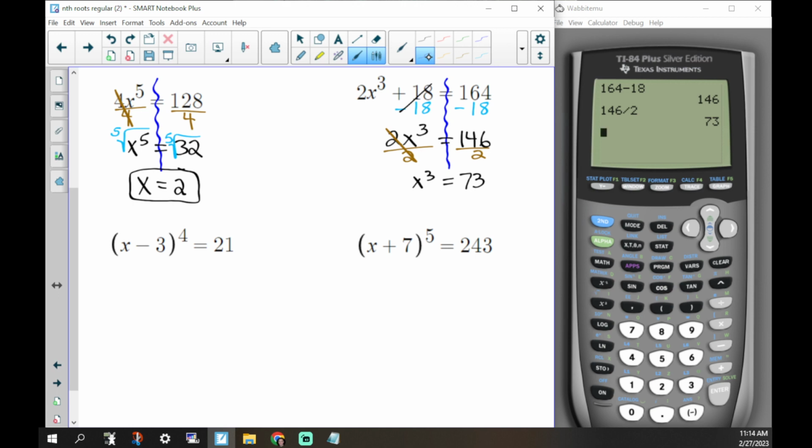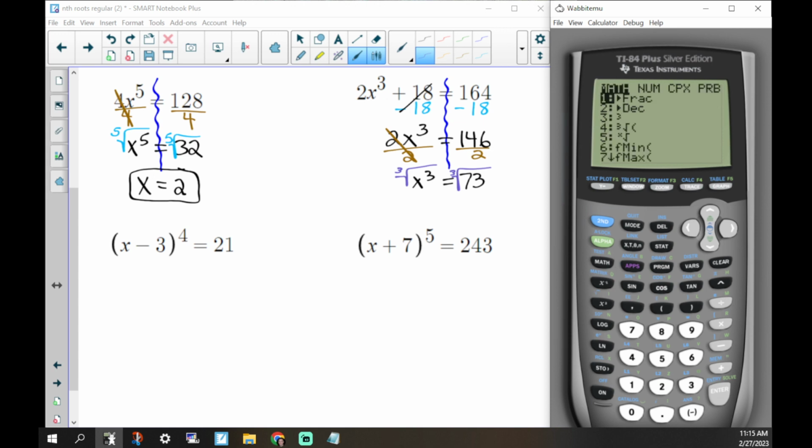This is x raised to the third power, so we will root it to the third power. Or to 3. It's cubing it. So I will start by typing a 3 in my calculator, and then I will hit the math button, and then hit number 5, and then I will type in my 73.